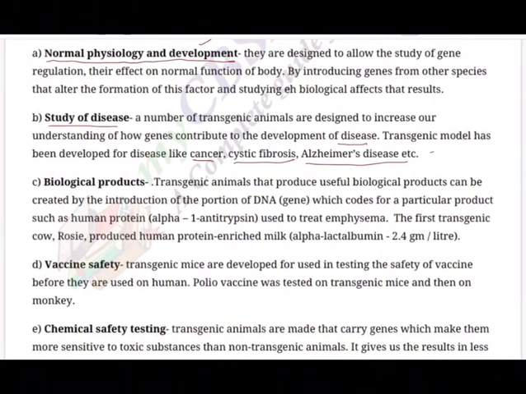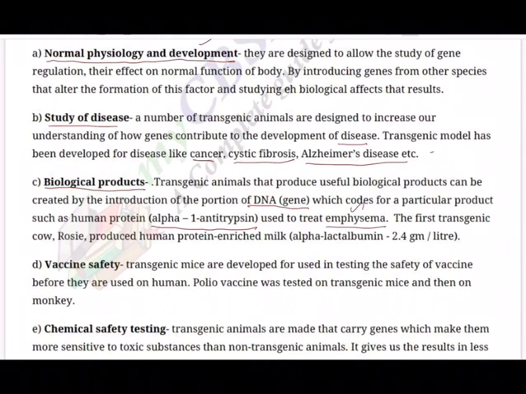And then the third factor is biological products. Transgenic animals that produce useful biological products can be created by the introduction of a portion of DNA, that is a gene, which codes for a particular product such as a human protein like alpha-1 antitrypsin used for treating emphysema.